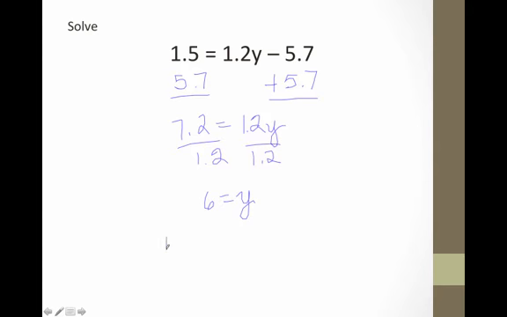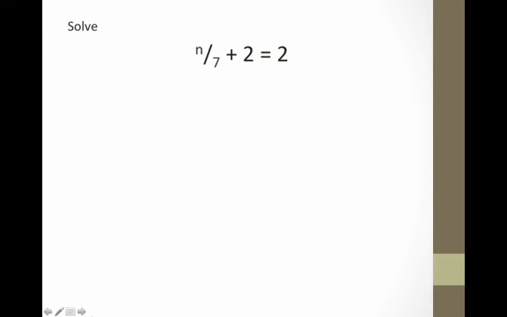So if I plug that back in, 1.5 equals 1.2. Oh, sorry, my y is 6 minus 5.7. So this part's going to be 7.2, and I'm going to subtract 5.7, and that's going to give me 1.5. Yay!